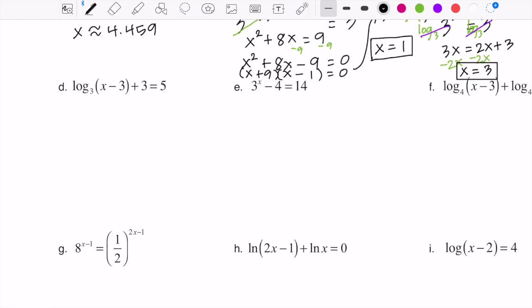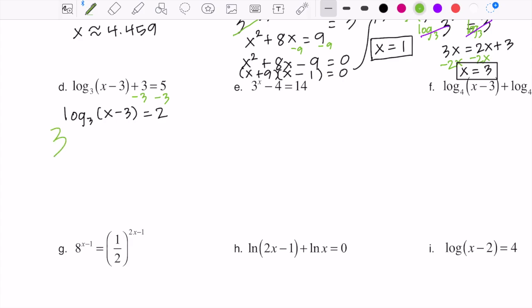Okay, D, I don't need to condense first because they're not both logarithms. One's a single value and one's a logarithm. So my first step is to isolate the logarithm. So I end up with log base 3 of x minus 3 equals 2. How do I undo a log?